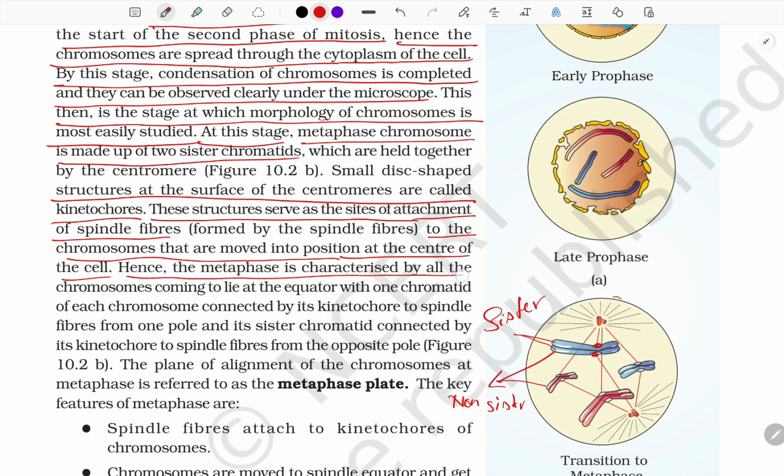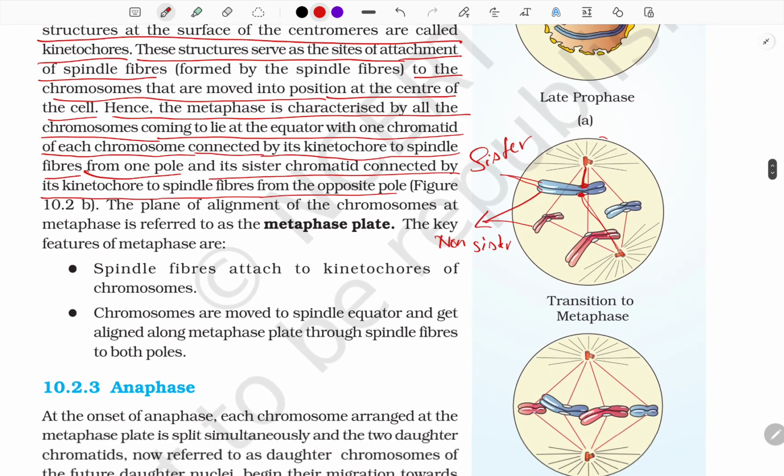Hence metaphase is characterized by all chromosomes lying at the equator, with one chromatid of each chromosome connected at its kinetochore to spindle fibers from one pole, and its sister chromatid connected by its kinetochore to spindle fibers from the other pole. So one pole connects through the kinetochore to this sister chromatid, and the other pole connects to the kinetochore of this sister chromatid. Now this plane of alignment of chromosomes at metaphase is referred to as the metaphase plate.